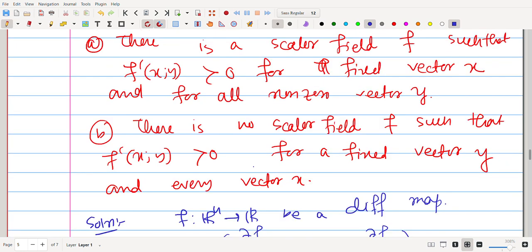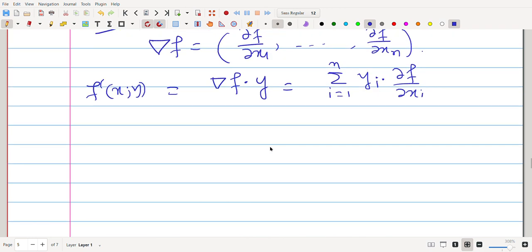Now come to the question. There is a scalar field f such that this quantity is greater than 0 for a fixed vector x and for all non-zero vectors y. Okay.